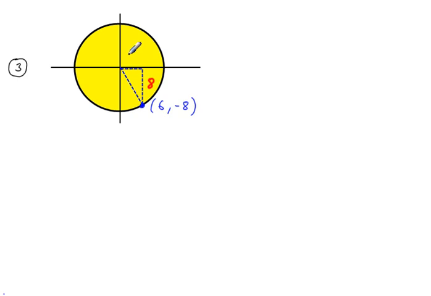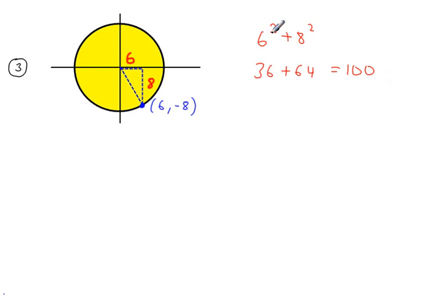This side here by 6 units. So the longest side there, using Pythagoras' theorem, will be 6 squared plus 8 squared. And so far that gives 36 plus 64, which is 100. So that's the radius squared.